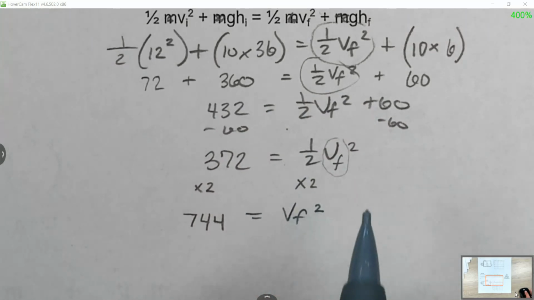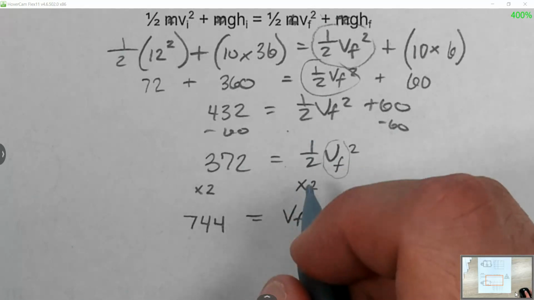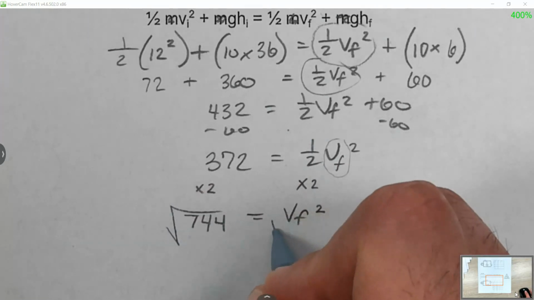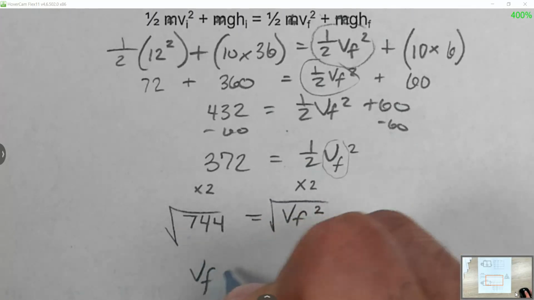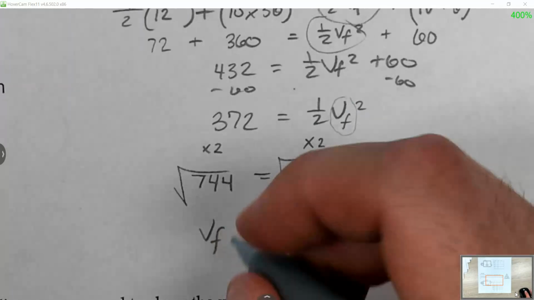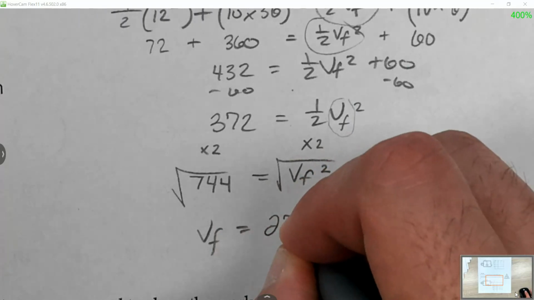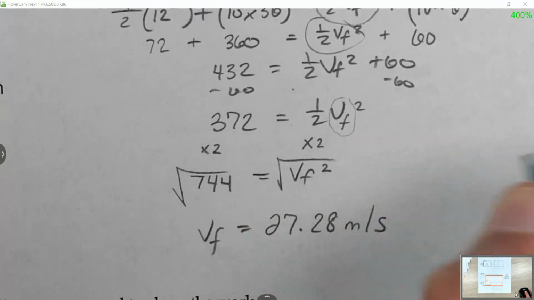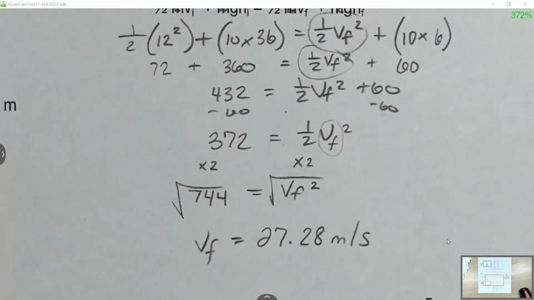To get Vf by itself, to get rid of this squared, you have to square root both sides. So the square root of that will give us our Vf, and that will kick out an answer of 27.28, and the unit meters per second squared.